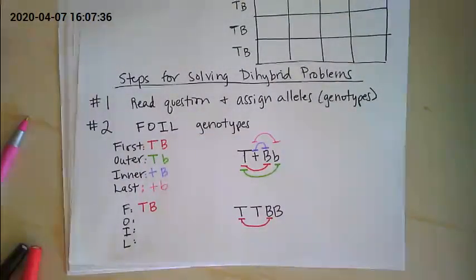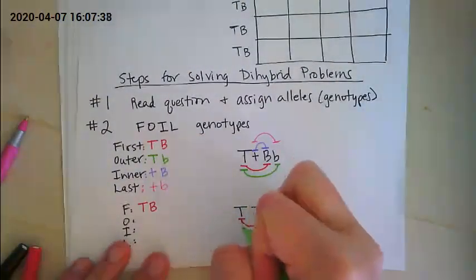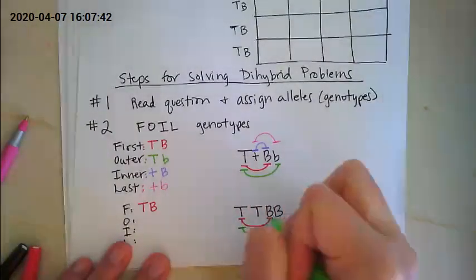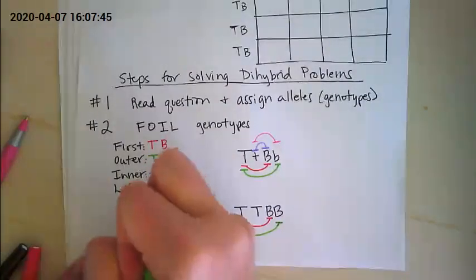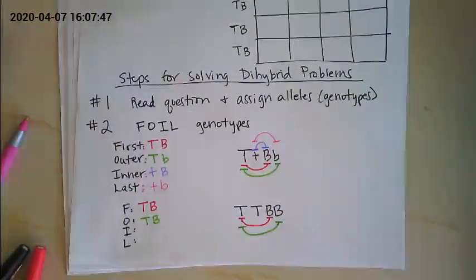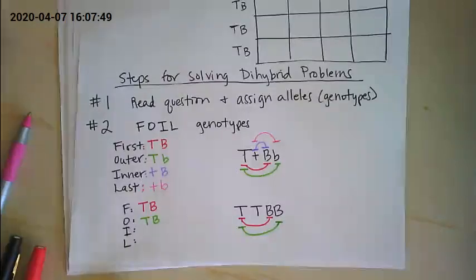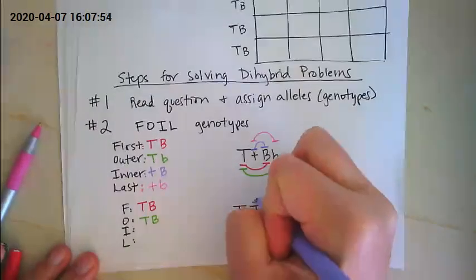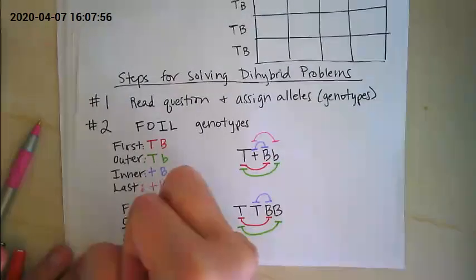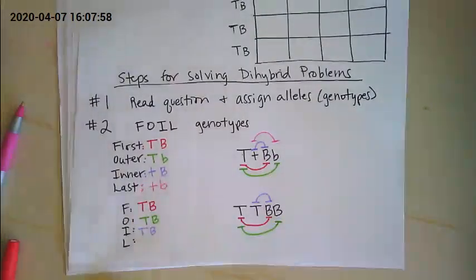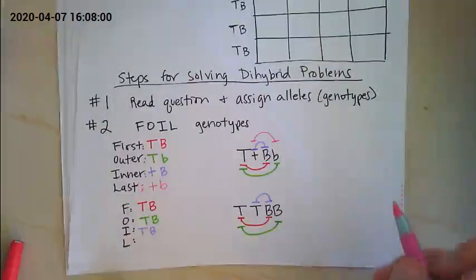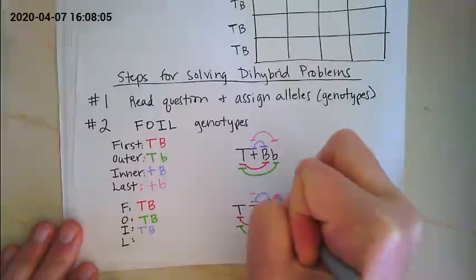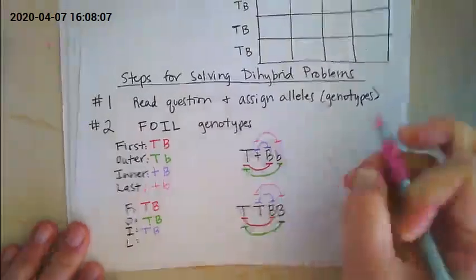All right, outer, the outside letters of the genotype. Inner would be these inside guys. And then last would be the last letter of each genotype.